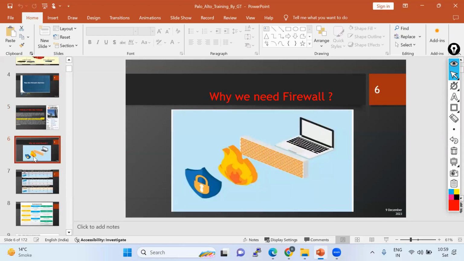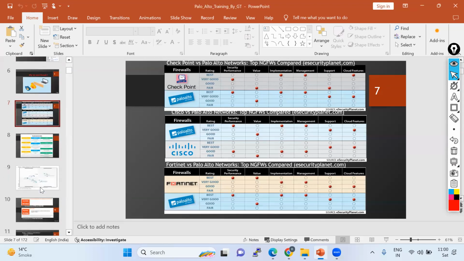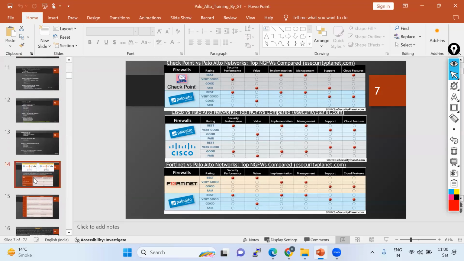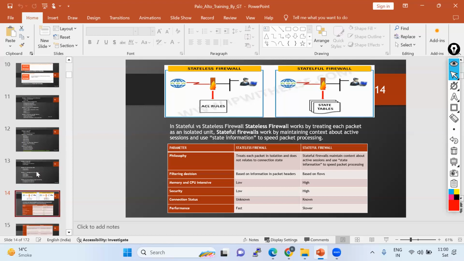I'll give layman examples in real scenarios, and also discuss why I should use the Palo Alto firewall. And if we get the time, we'll talk about stateful and stateless firewalls. So these four topics I'm going to cover in tomorrow's class. Be prepared for that, and please let me know if you have any further questions. Tomorrow same time, sir? Yes, tomorrow same time.